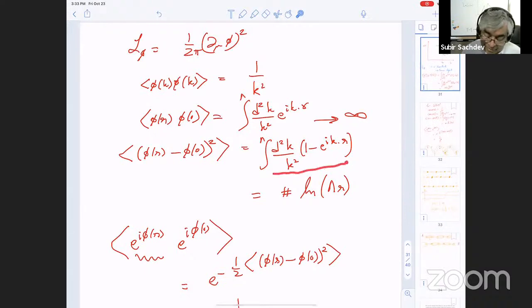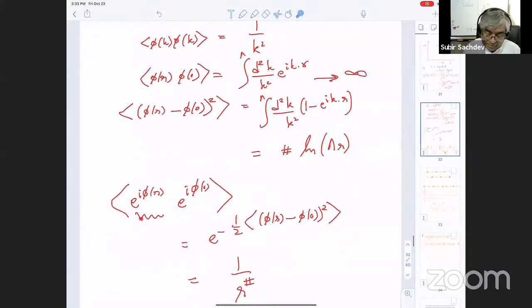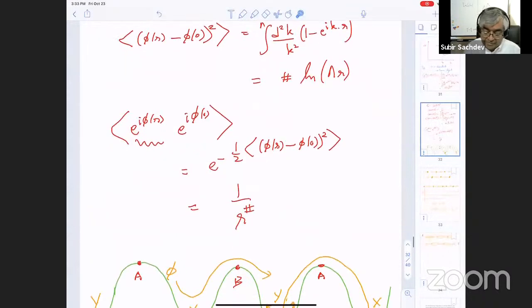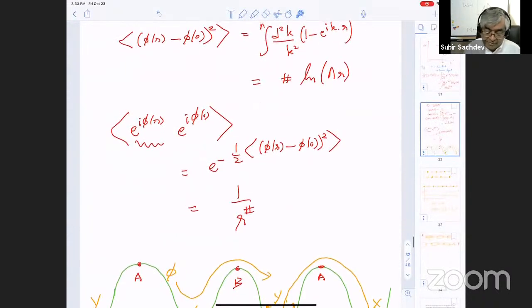So that's what this becomes, and you can take this integral and you get a log of r with a coefficient here that you have to get right. Okay, so that integral gives you this. So now I want to compute this 2-point correlation. Luckily, it turns out to be precisely related to this function here. It's exponential of minus 1/2 that. And then you compute it, you get 1 over r to some power.